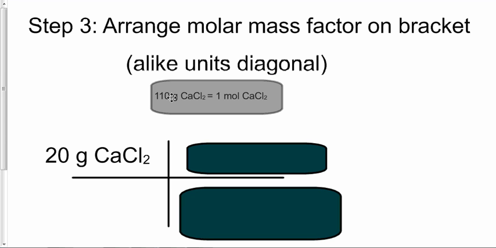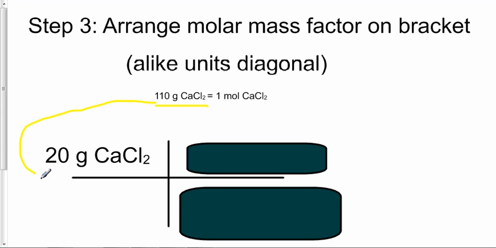Now, you remember from before, my molar mass factor was 110.73 grams. That means I'm going to take this and put it right here, and this one is going to go right there.